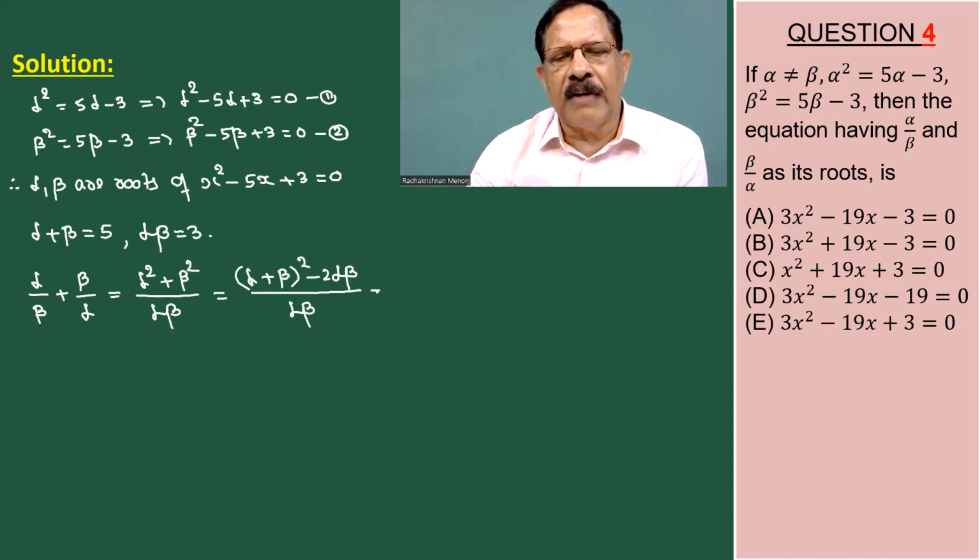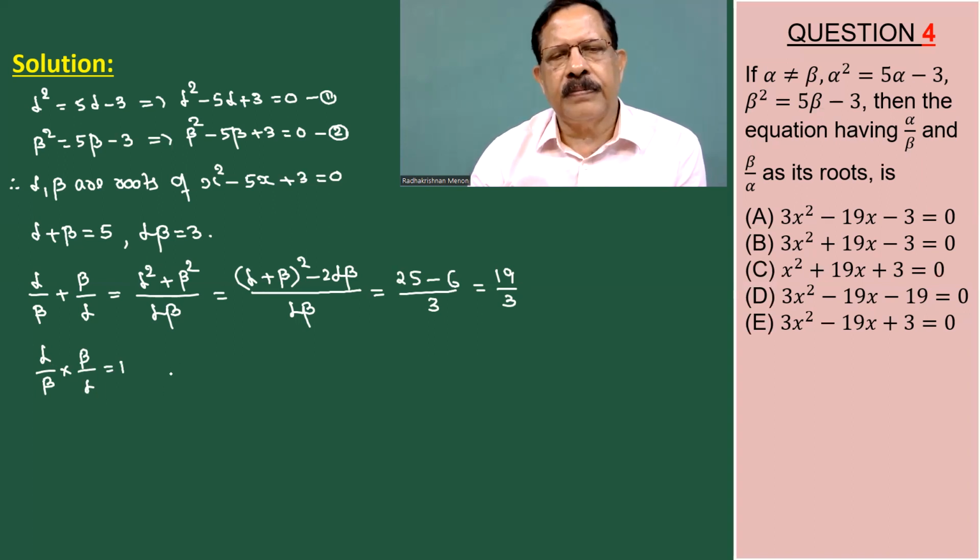You substitute: alpha plus beta squared is 25 minus 6, divided by 3. So on simplification, we will be getting 19 by 3. This is the sum of roots. Now product of roots, alpha by beta into beta by alpha, equal to 1. So it is getting cancelled.